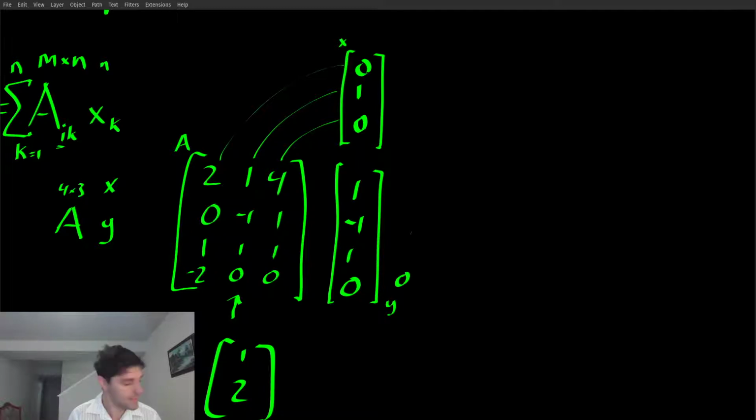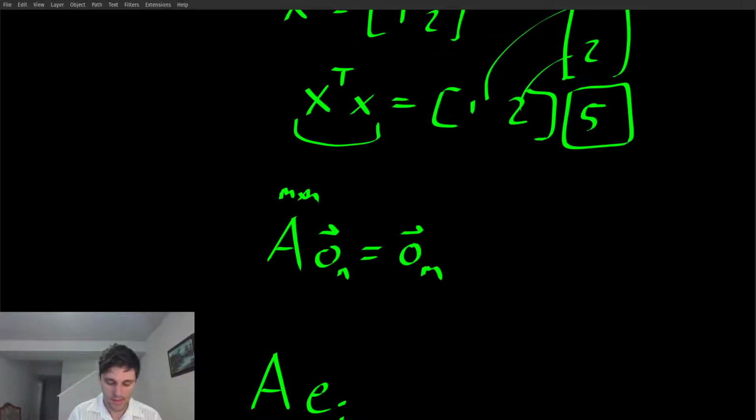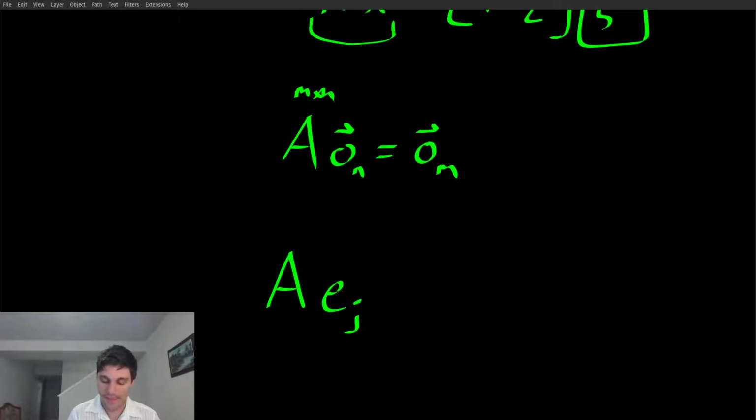This column right here. And so in general, if you have some A times unit vector e sub j, you're going to get back the jth column of that matrix, if you want to call it a sub j.